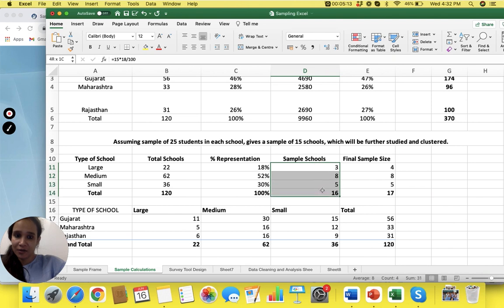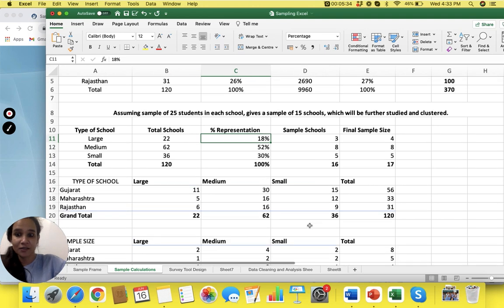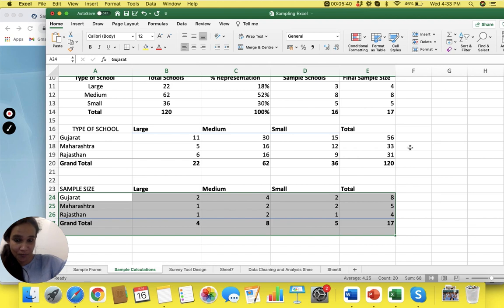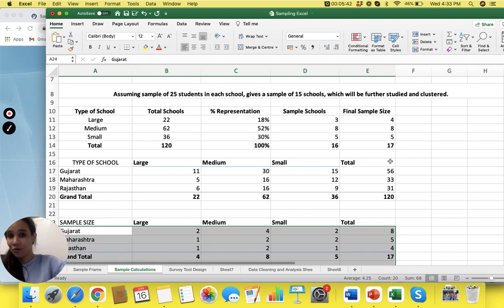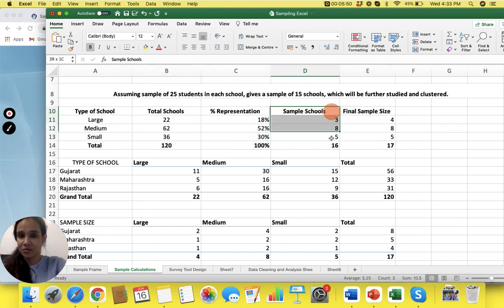So now when you look at this, we see that of our 15 sample schools, the split is 3, 8 and 5. We're taking a few more here because we want to ensure that we have adequate representation from the states too. So we have now looked at the 15 schools, and said that overall our sample schools should be around 16.